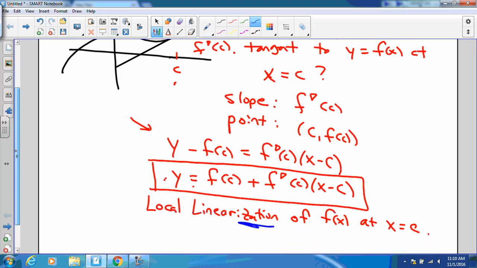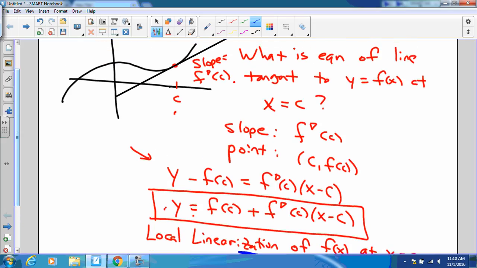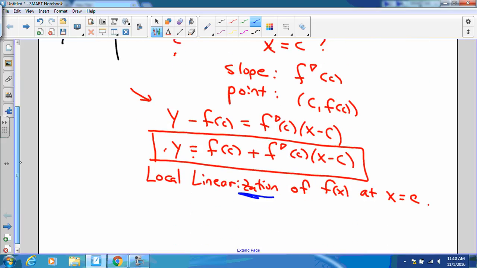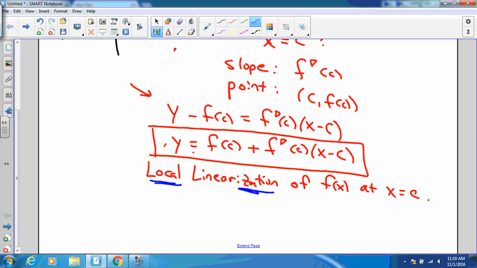Now, our pretense is only going to work for x's that are close to c, and that's the purpose of the word local. By saying that I have a local linearization, this means I'm going to make f of x be like a straight line, but only for x's that are local to c, that are in the locality that are close to c.